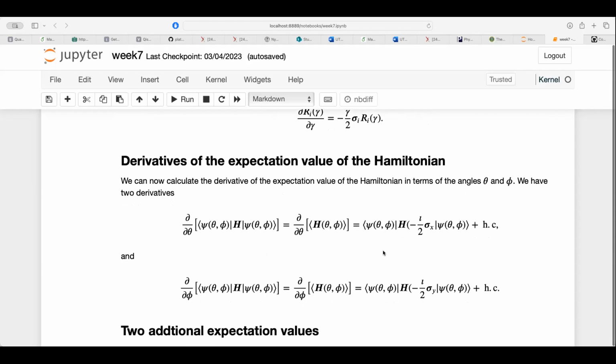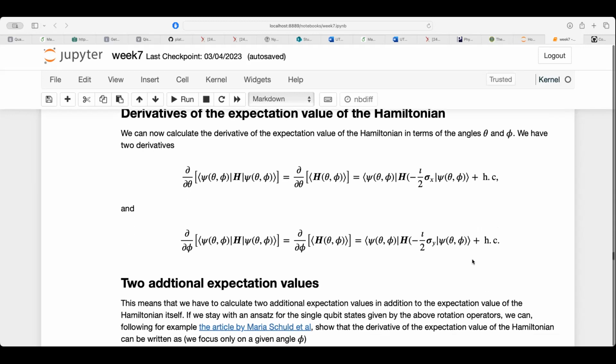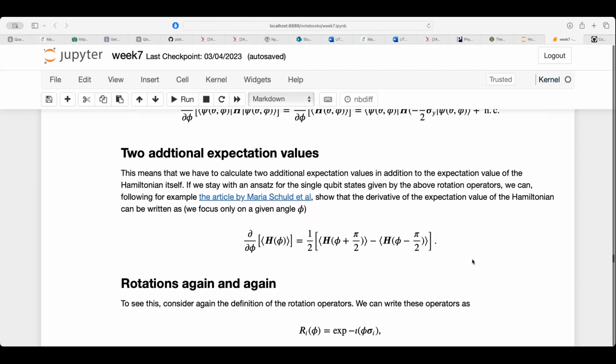So when you do that, you will find expressions in terms of these Pauli matrices, which look like this, plus the Hermitian conjugate. So we need to calculate this quantity, and in the derivations below here, you will see the full derivation of it.